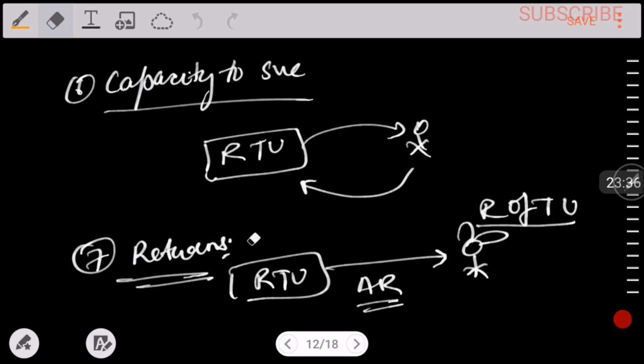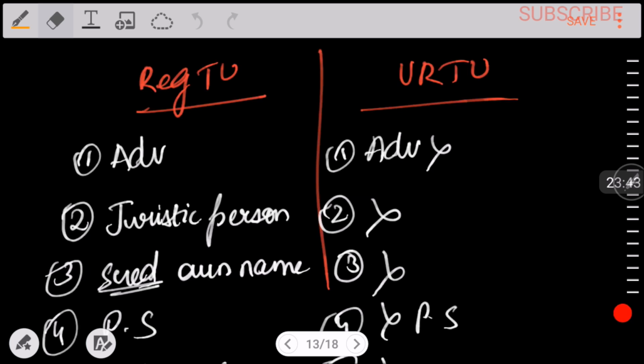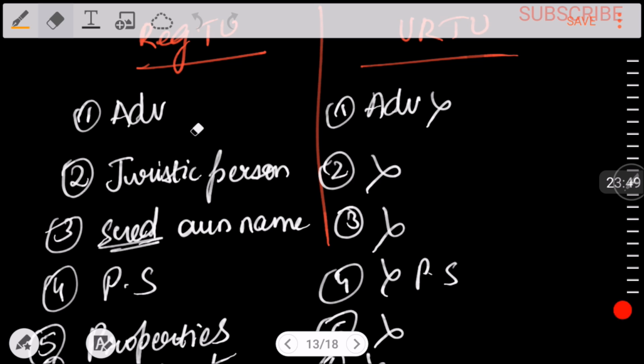Acquisition of properties: a registered trade union can acquire properties. It has the capacity to sue and can be sued. Returns: a registered trade union has to file annual returns with the registrar of trade union.